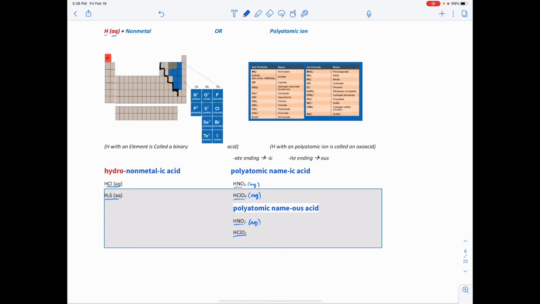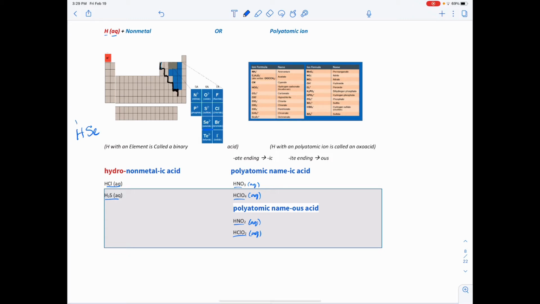And acids are a little bit unique on how they get named. They are a positive-negative situation though, so you can still figure out information about them. For example, if you're going to try to figure out how many H's will go with Se.